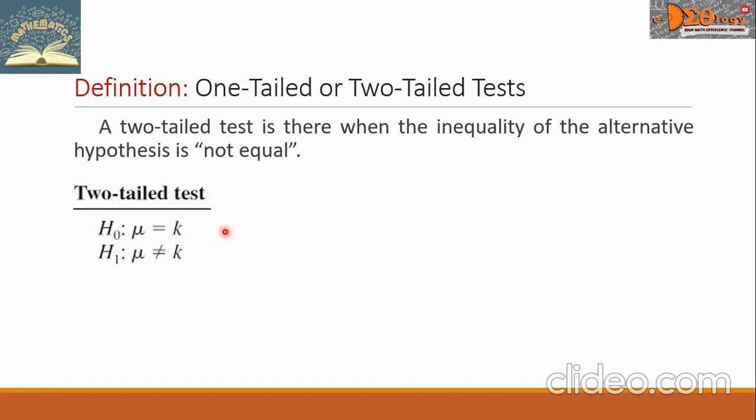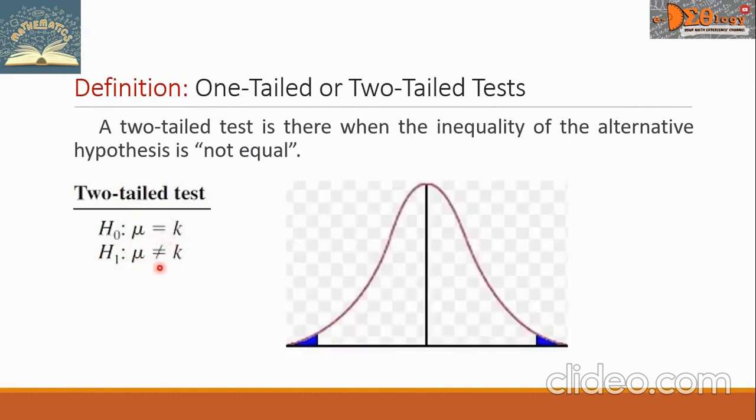The hypotheses are paired accordingly as the null hypothesis mu equals k, while the H sub 1 is mu is not equal to k. This not equal sign here gives us the idea of a two-tailed test. It means both tails are being shaded.